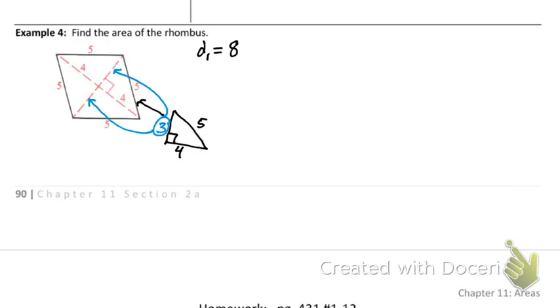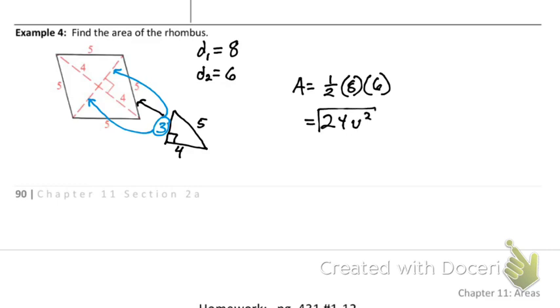So our other diagonal, our diagonal number 2, is going to be 6. Well, the area of a rhombus equals 1/2 diagonal 1, which is 8, times diagonal 2, which is 6, which is just going to be 4 times 6, which is going to be 24. I don't think they gave me centimeters. No, so we're just going to say units squared.